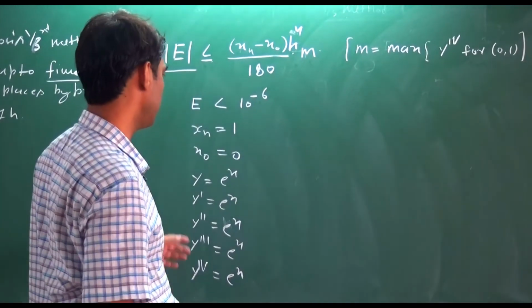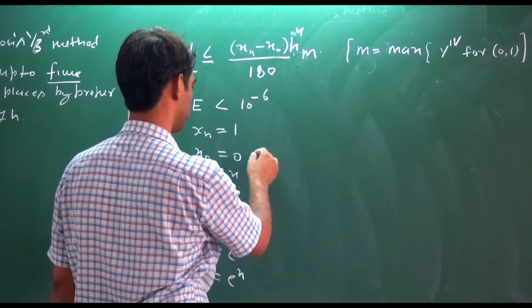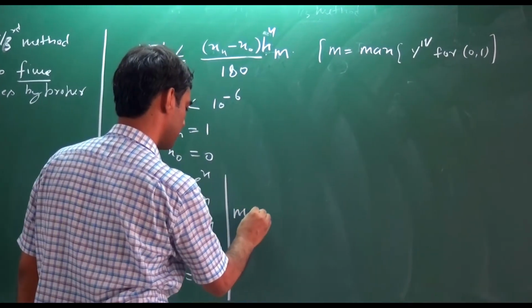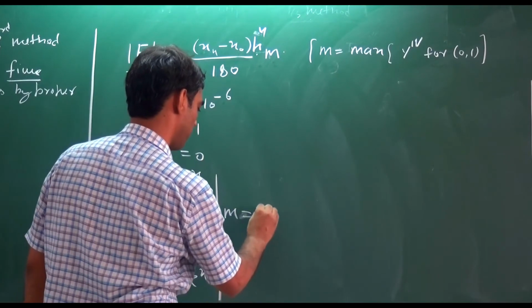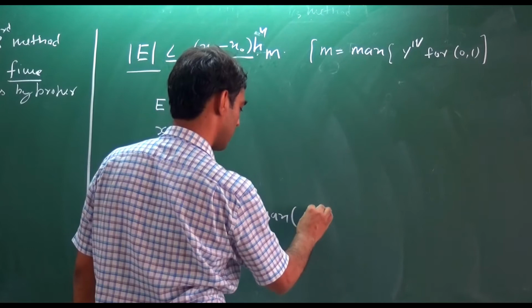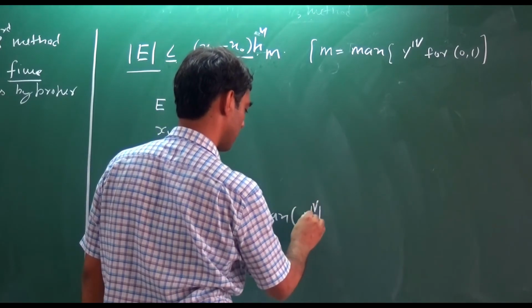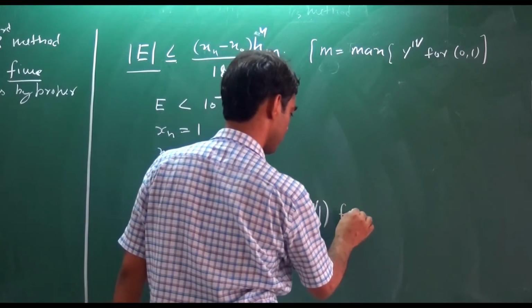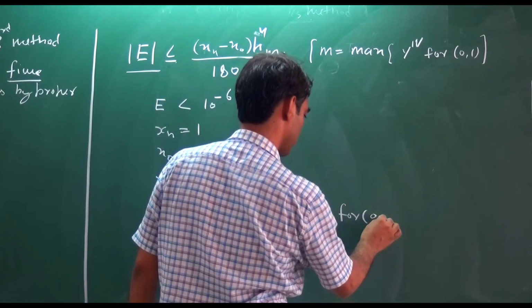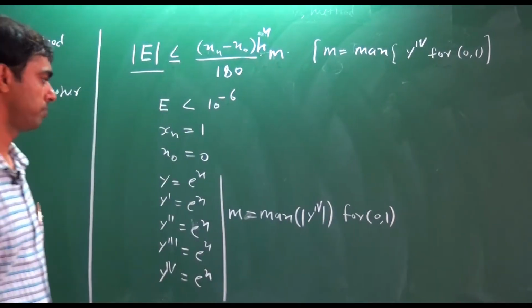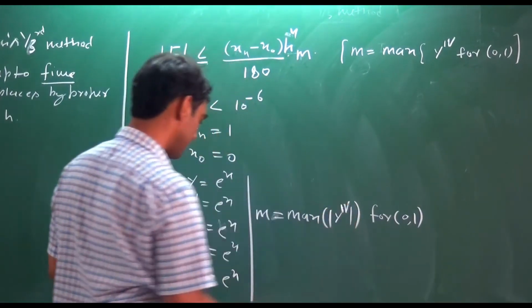So what is the m? How do we find the value of m? M equals the max value of the modulus of y 4 dash, for the values of x lying between 0 to 1. So what is the max value?